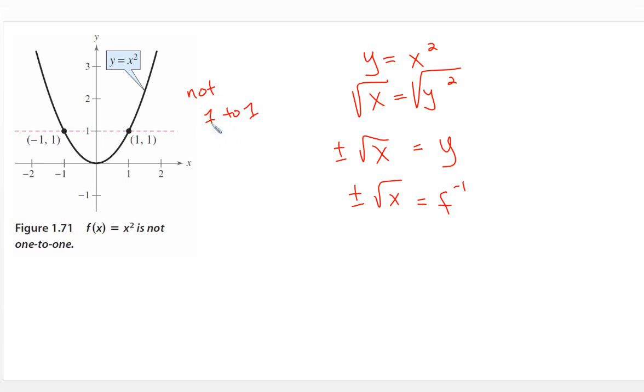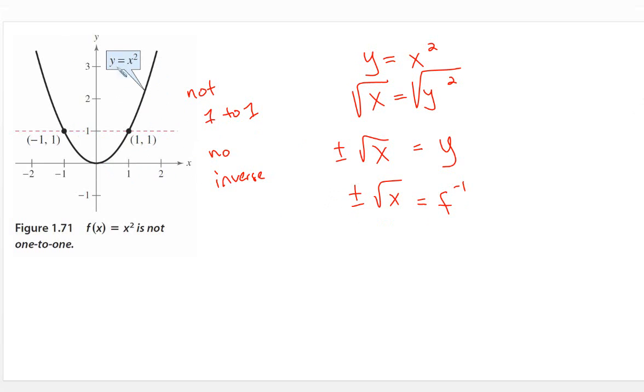If it's not one-to-one, that means that it doesn't have an inverse. But what's up with that? Because over here, we just showed that we can find the inverse of this algebraically. So in situations like this, what they will do is they will restrict the domain of a function so that you can include its inverse.